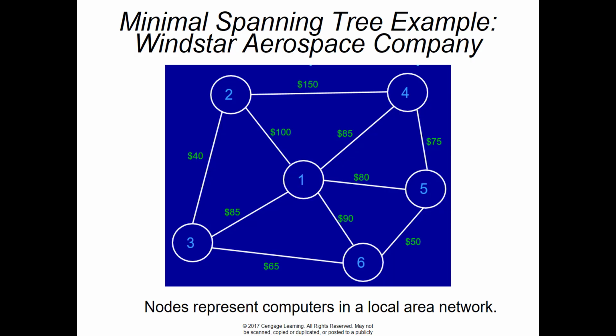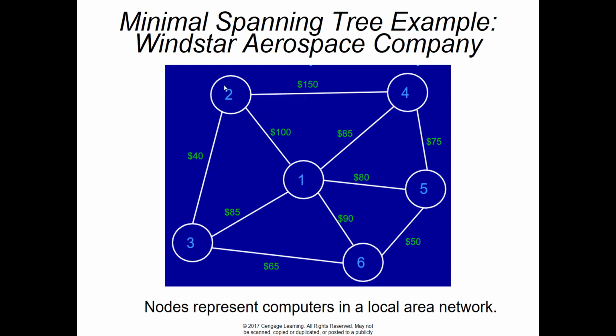Basically this heuristic algorithm starts by randomly selecting a node and then selecting the arc that has a minimum cost. For example, if we select node 2, you can see node 2 is connected to nodes 4, 1 and 3, and the minimum cost is 40, so we select this one.